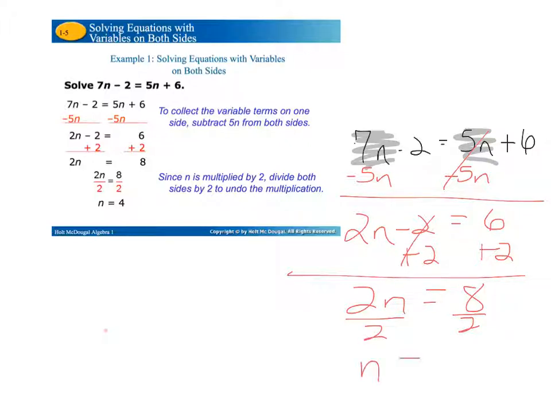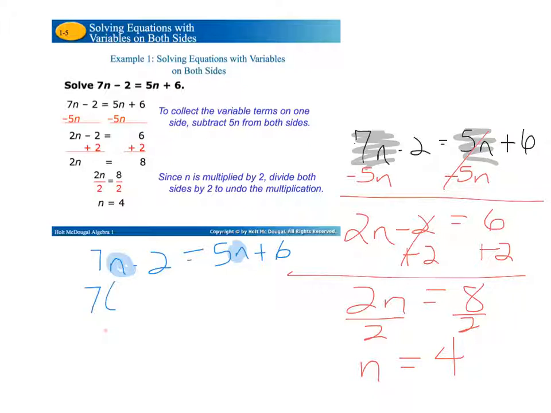And find out that n equals 4. Again, remember, you can check your answer. So I can take my original problem, the 7n minus 2 equals 5n plus 6. Everywhere that I see the letter n, I'm going to now replace that n with the 4.